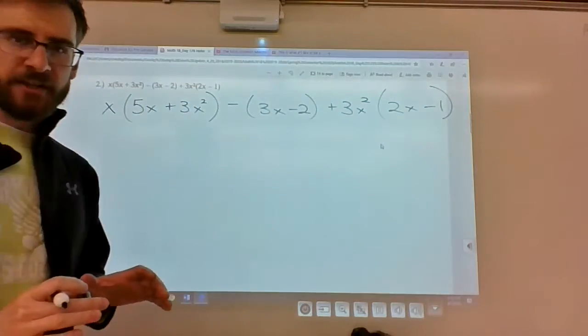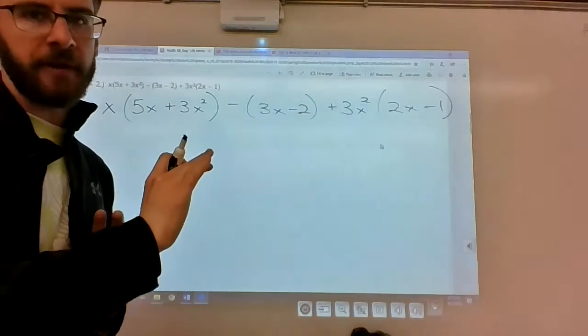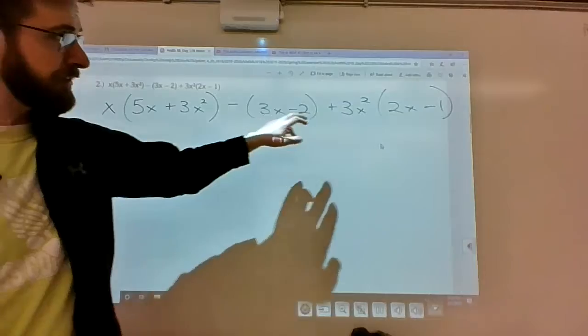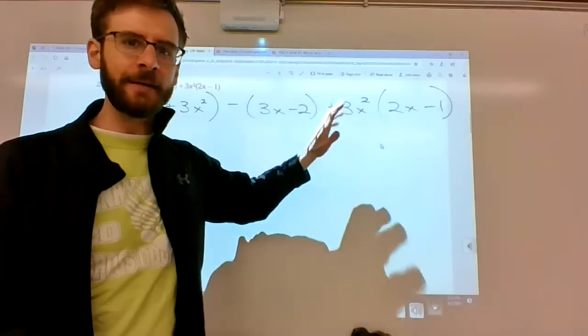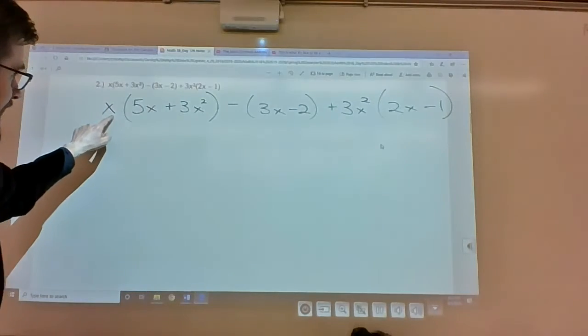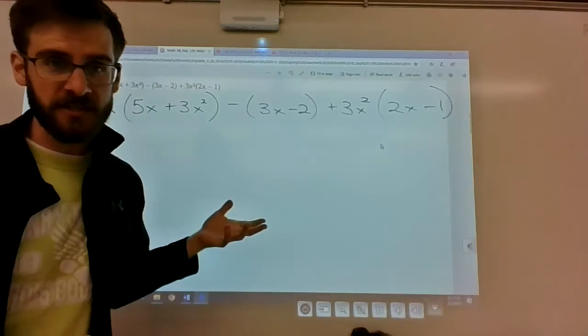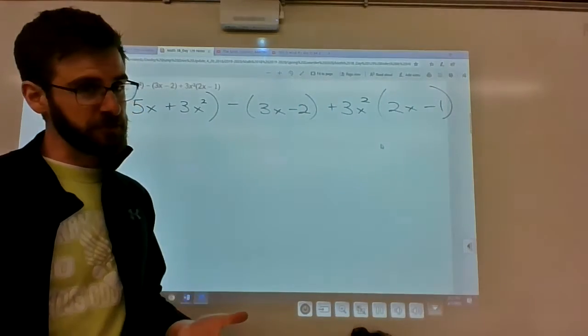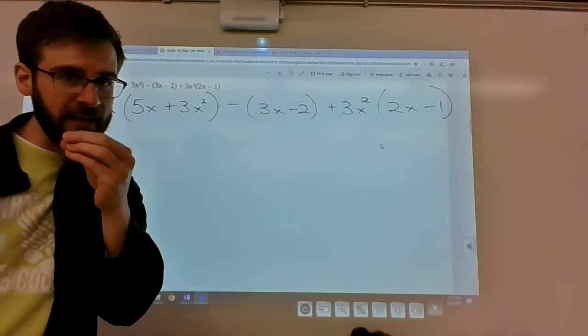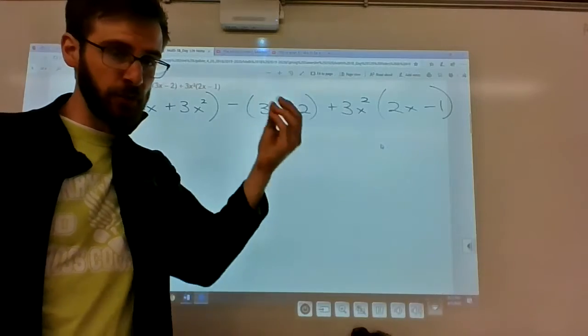In this case, we're not just distributing a positive 1 or a negative 1. We're distributing entire variables or variable expressions, which can be kind of tricky, except we just did the chapter where you multiplied single variable expressions together, and the distributive property is just taking 1 times each individual piece.